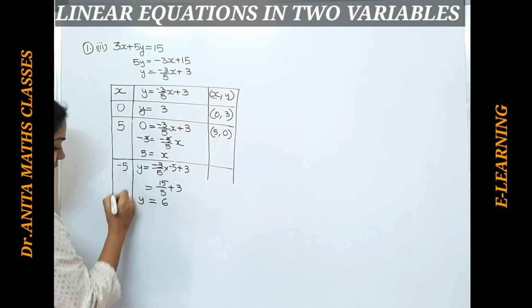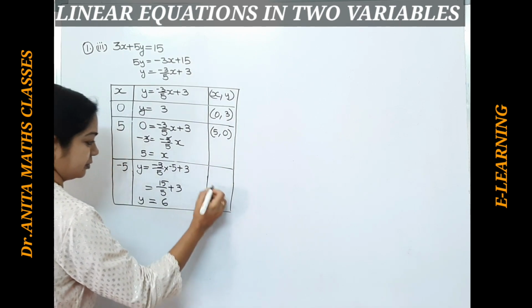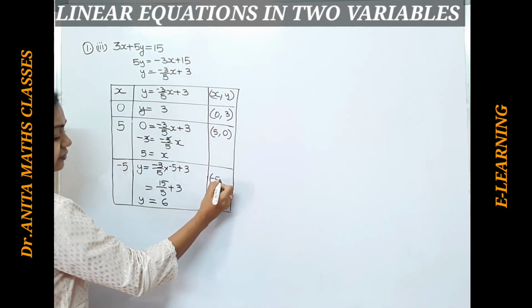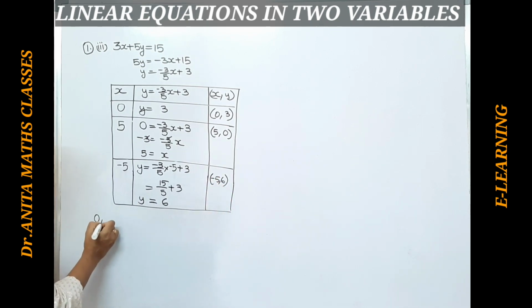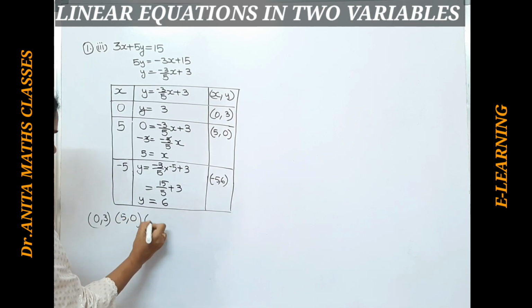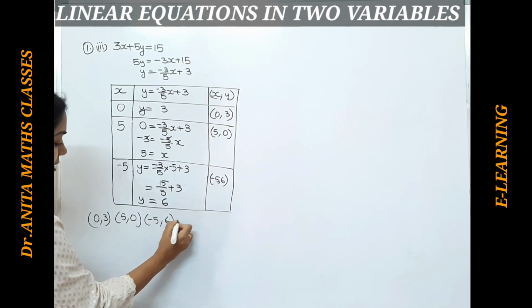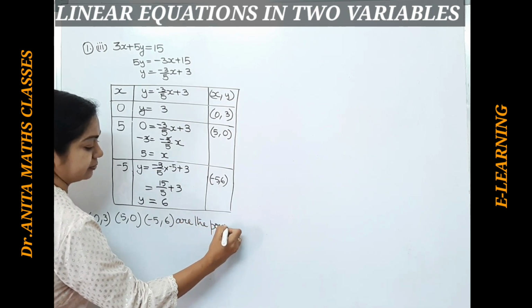So I have taken minus 5, and taking minus 5, we got 6 value. So these are the points. Let me write the points 0, 3, 5, 0 and minus 5, 6 are the points to be plotted.